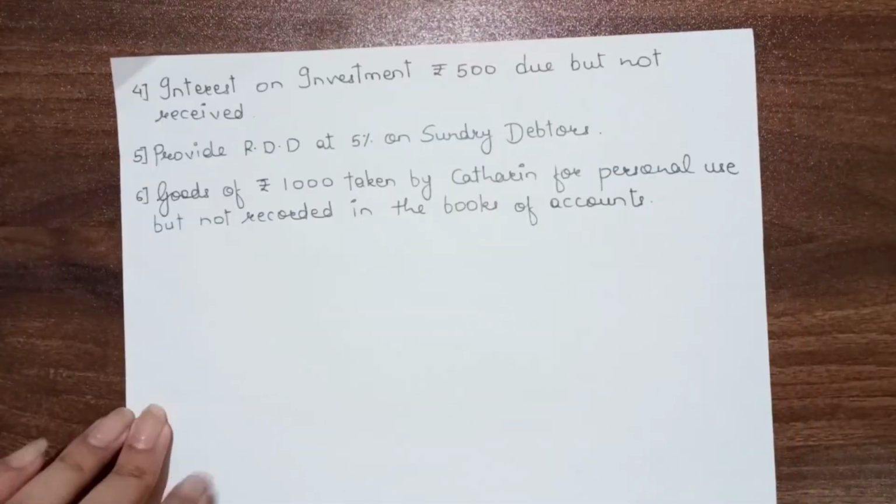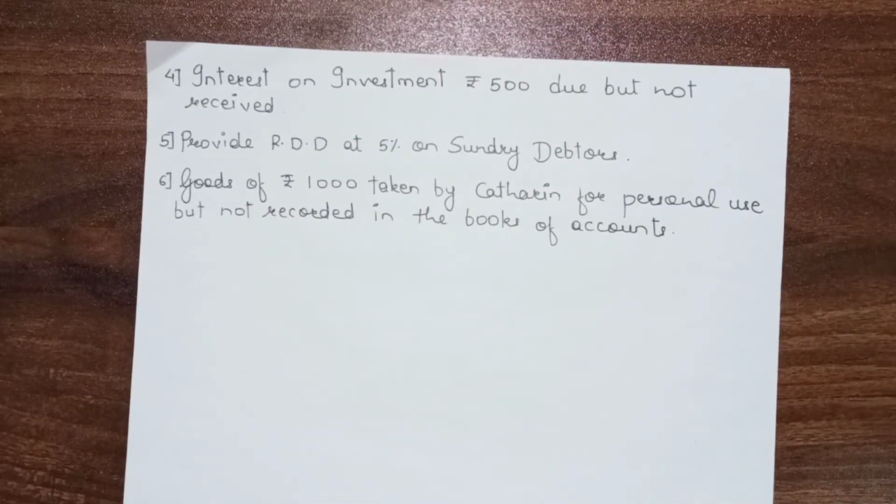Next one, provide RDD at 5% on sundry debtors. Now what does RDD mean? Reserve for doubtful debts. Okay, doubtful debts, it means that you are imagining that the person to whom you have lent something on credit, you don't have any assurance if he will pay you back, or you cannot guarantee that he will pay that amount, so that is called doubtful debts.